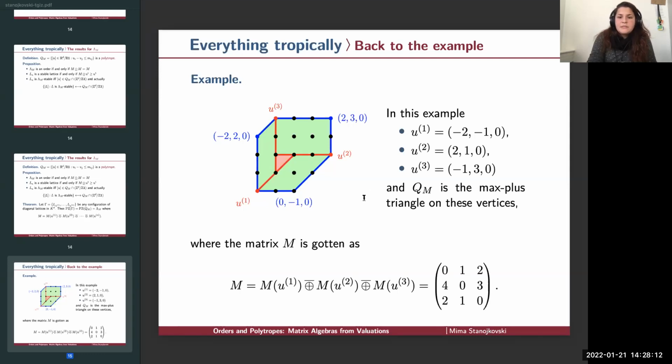So you see that there is a way to relate the vertices, in this case the min-plus vertices, to the matrix. We'll see also that there is a way of relating the max-plus vertices to the matrix. And I'll get back to this picture again and give you some more insight. But I hope that it is a bit clearer now how this classifies the equivalence classes of the stable lattices.